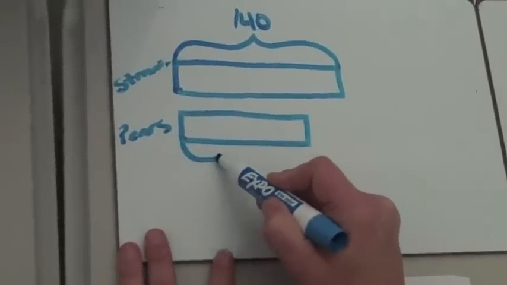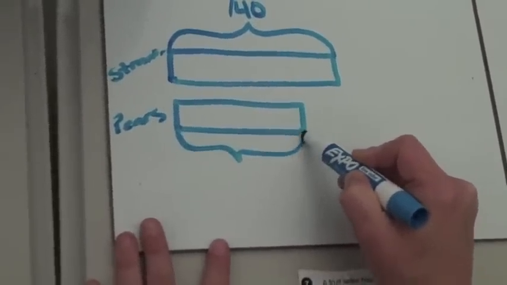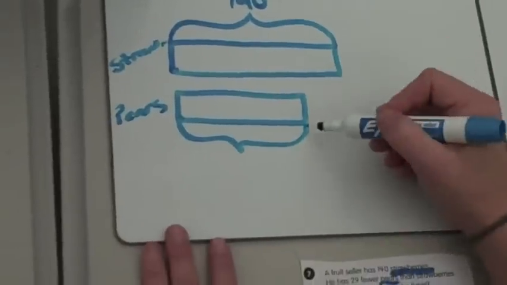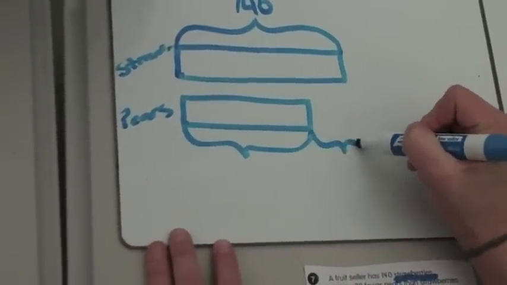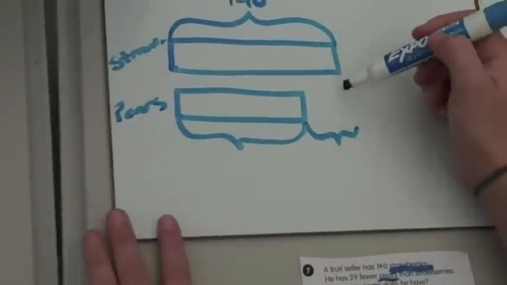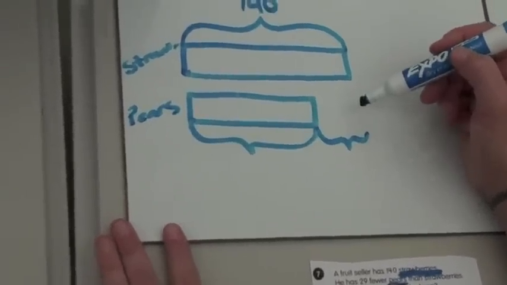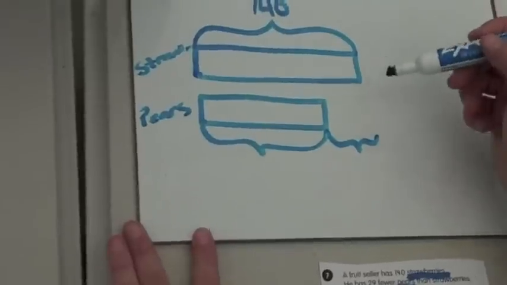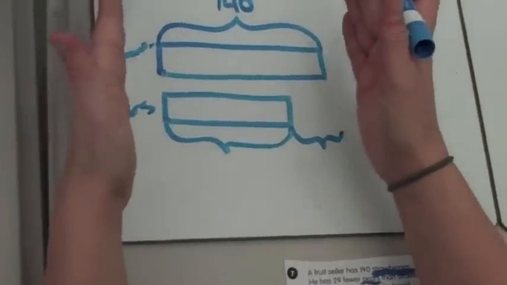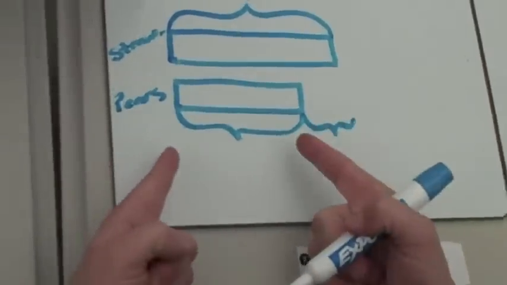Now, I'm also going to be looking for how many pears, and it's also asking what the difference is. Remember, when you're comparing two things, you're looking at similarities and the difference. So I have how many strawberries I have. I need to know how many pears I have, and I can fill in the rest of the blanks by saying how many fewer pears than strawberries.